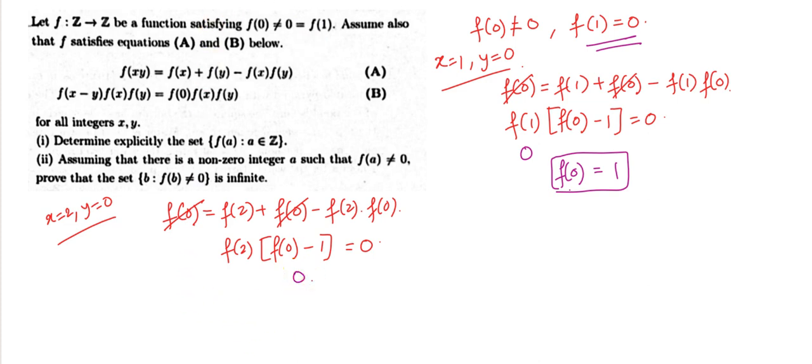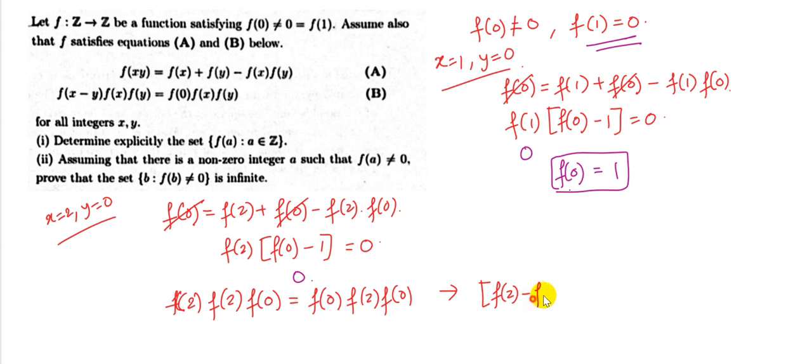And then in the second equation we get f of 2 into f of 2 into f of 0 equals f of 0 into f of 2 into f of 0. So we transpose everything to one side, we get f of 2 minus f of 0 times f of 2 into f of 0 equals 0.